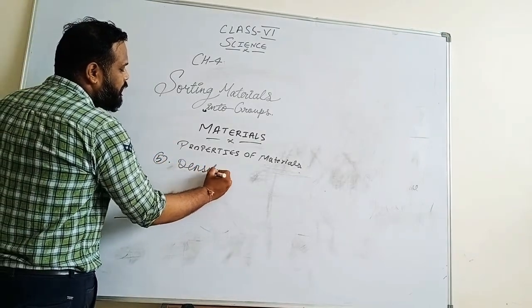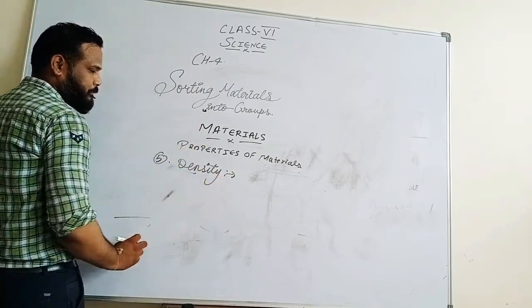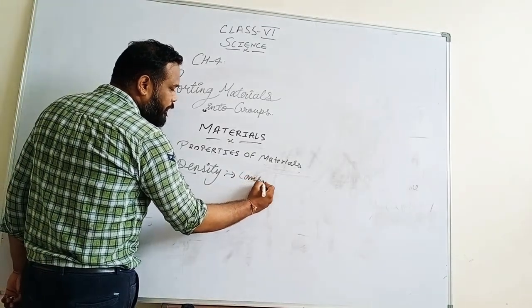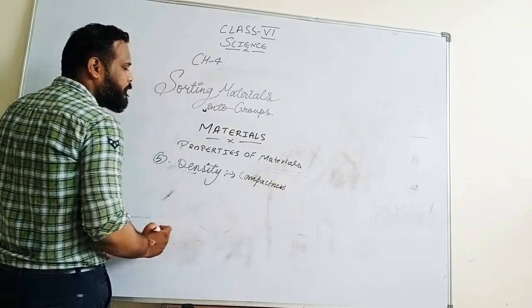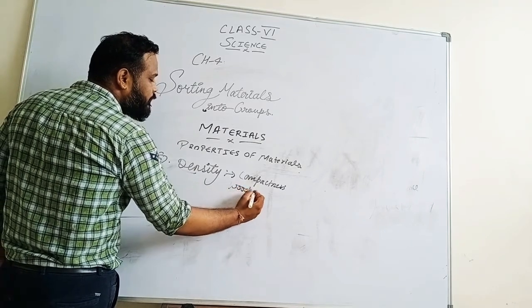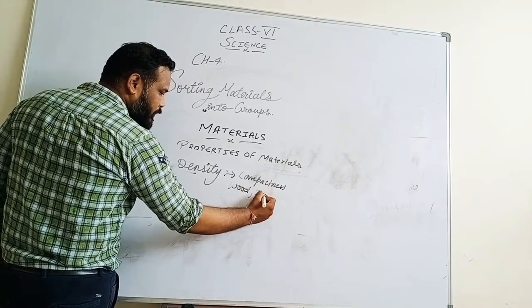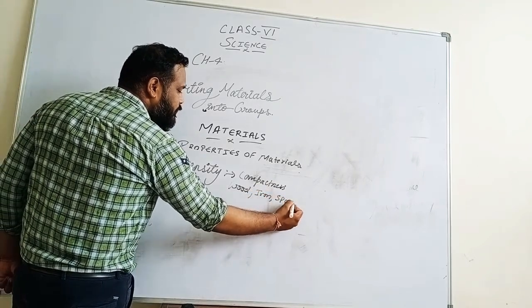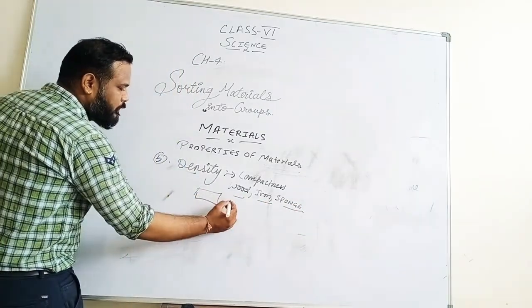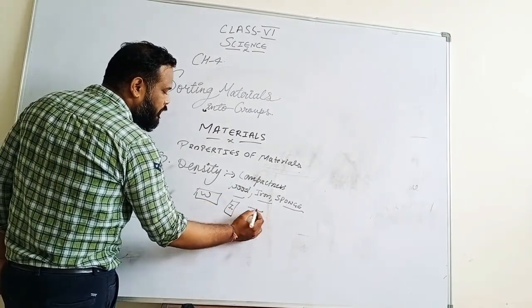Fifth, density. Now what is density? If I explain it according to class 6, density is the compactness. How compactly things are packed, how things have their mass within less area, within less volume. Okay. Now consider three things: wood, iron, and sponge. See, if I make a rough diagram: wood, iron, and sponge.